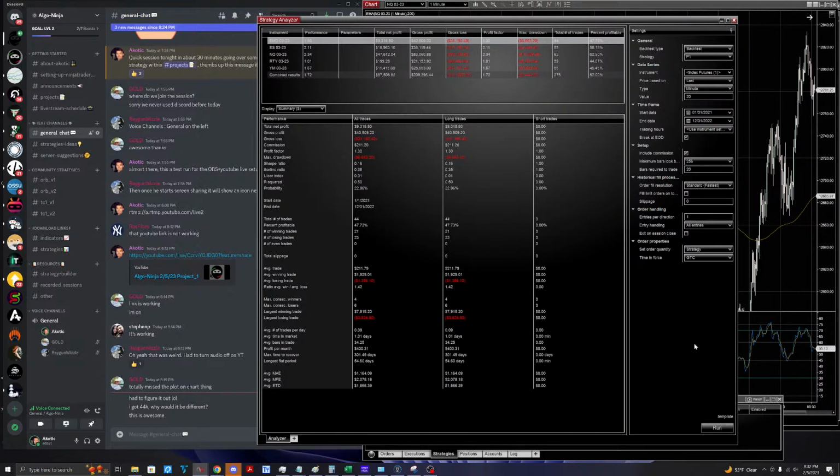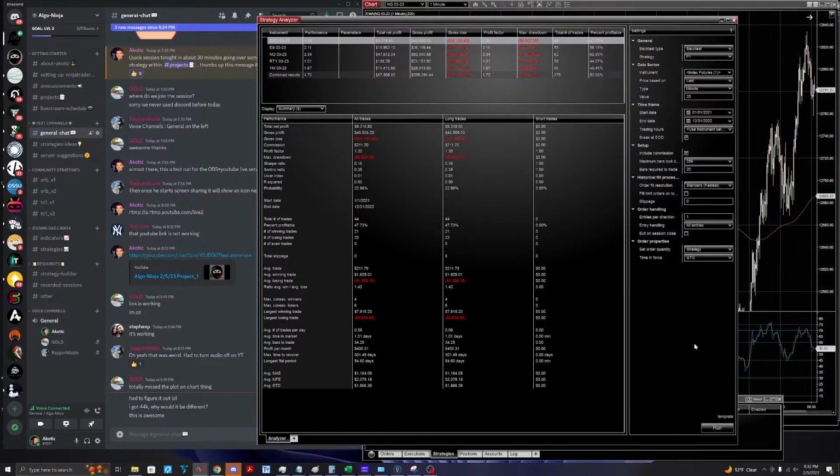One thing I did notice that is also a good indication of robustness is if you have a strategy that does well on multiple time frames, you can't really nitpick specific ones. If it's just profitable in general on multiple time frames, then that's definitely a good indication that you're not overfitting.